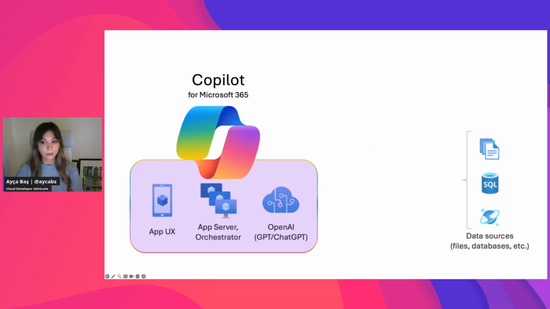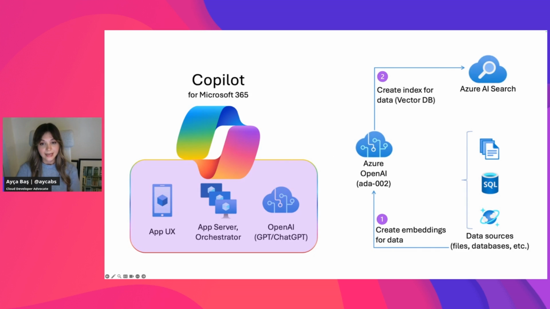Let me give you an example. Let's say that I have a data source. To do all this architecture, I'm going to have to create embeddings for my data, and then with that data, I will create an index in a vector DB using Azure AI Search. To create embeddings, I'm going to use the Azure OpenAI ADA model.